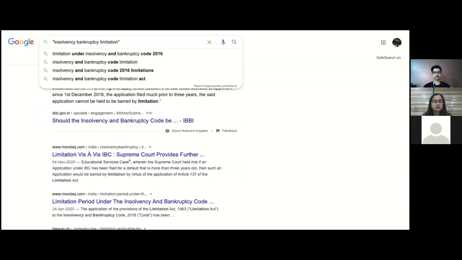Now coming to SCC. SCC is one of the most powerful tools for any person to do research, because they have been collating data for a long time. Since time immemorial, SCC judgments have been accepted in the Supreme Court and the High Courts. There are other portals such as Law Finder. In the Punjab and Haryana High Court, a lot of lawyers use Law Finder as a tool.